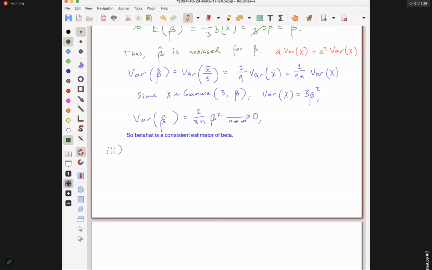So looking at the asymptotic distribution, what theorem is relevant to us? What do I mean by asymptotic distribution?